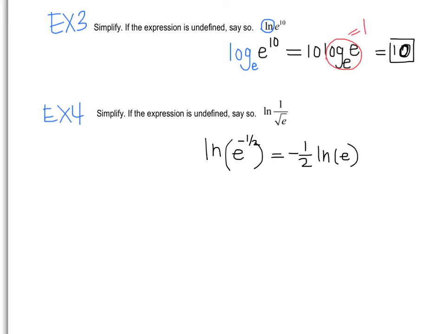Essentially, ln and e are just inverses of each other. We could do the same thing again. We could rewrite ln as log base e of e, and we're just going to get 1. You can think of these as inverses. They undo each other, or reduce to 1. So here, we're just left with negative 1/2.